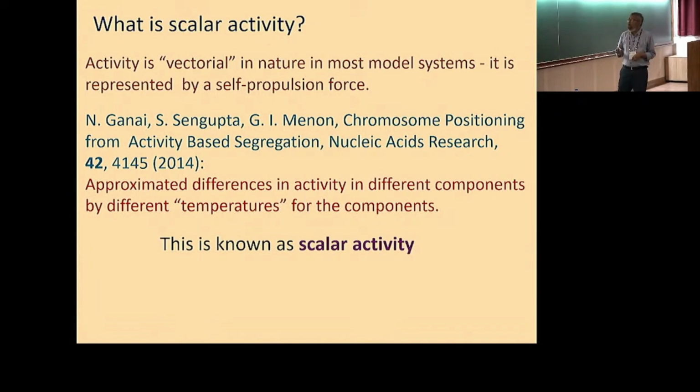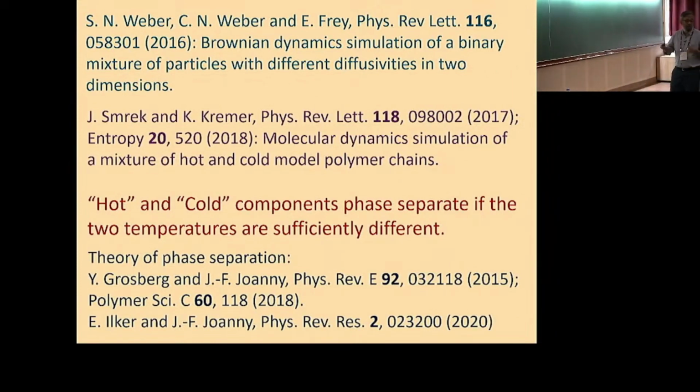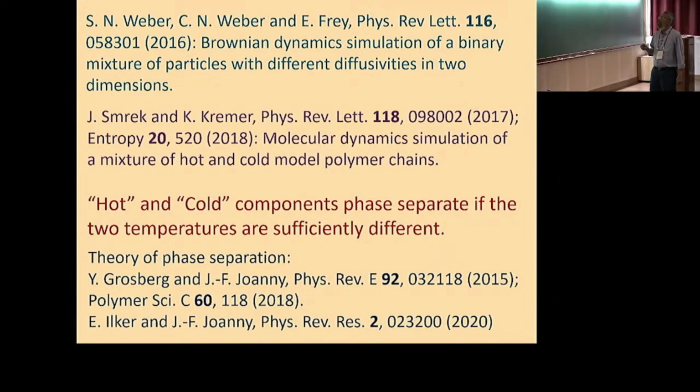Much simplified versions of the model that I was just mentioning have been studied by some people. For example, Arvind Fry and students have looked at a Brownian dynamics simulation of a binary mixture of particles with different diffusivities in 2 dimensions.